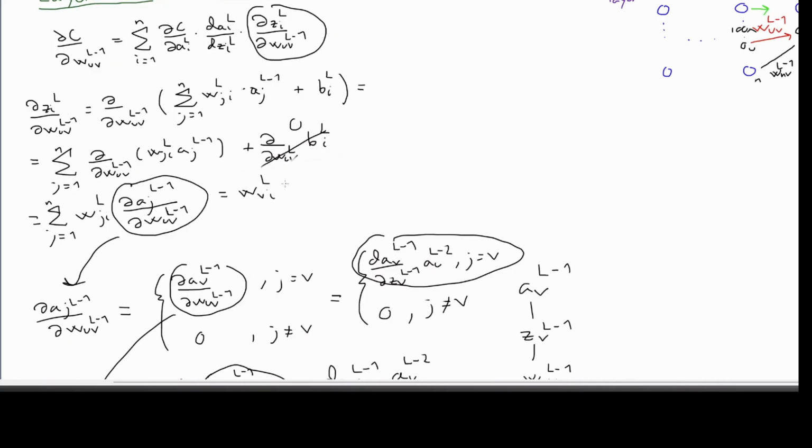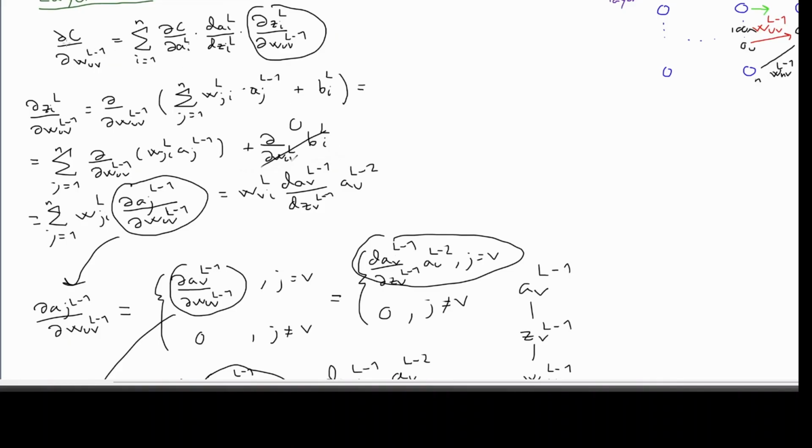And then we end up with the derivative of the activation of the v neuron at layer L minus 1 with respect to the weighted input at said neuron times the activation at the u neuron of layer L minus 2.